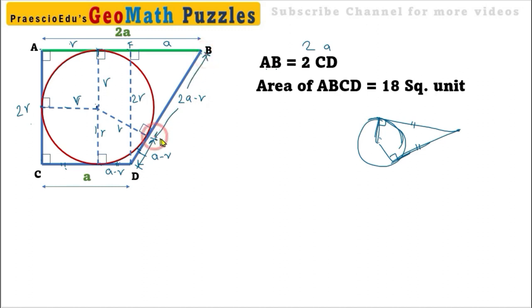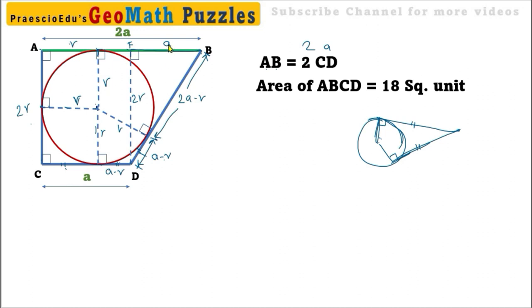Now let's concentrate on this triangle FBD. This angle is a right angle, and DB is this side, which is a minus R plus 2a minus R, the addition of these. Let's apply the Pythagoras theorem. As per the Pythagoras theorem, the hypotenuse squared is the sum of the squares of the other two sides.